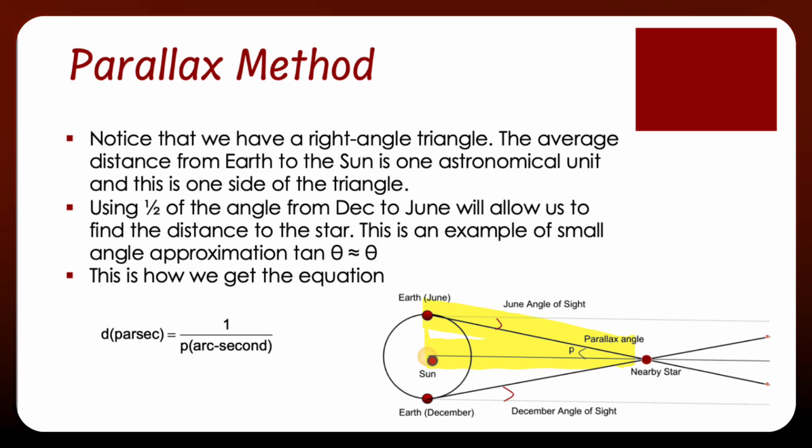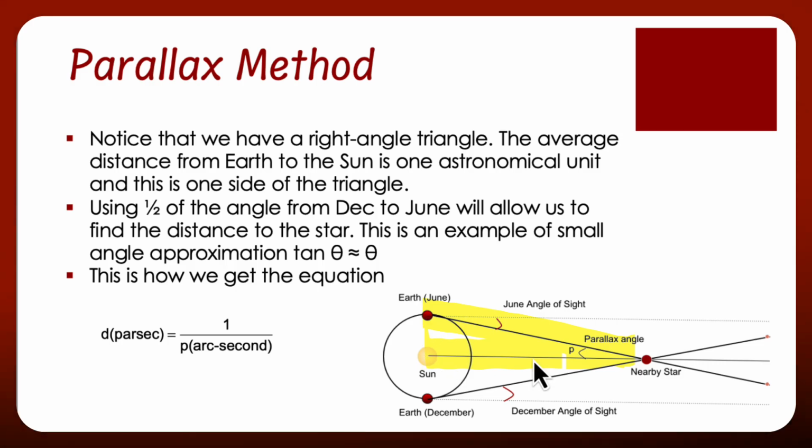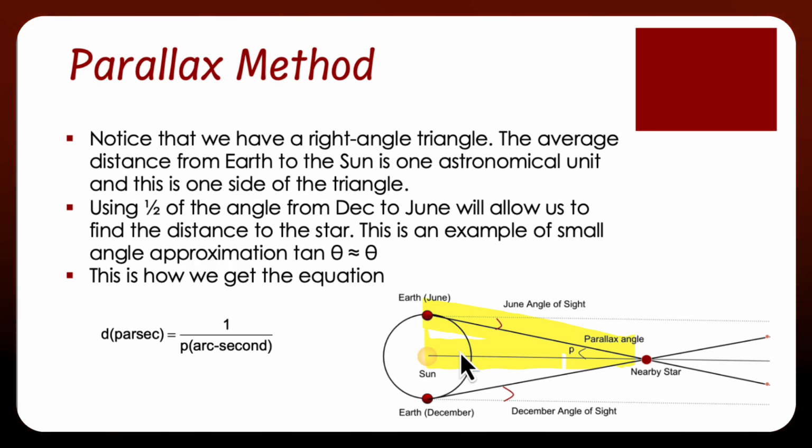And now the distance from the Sun to the nearby star is what we're really looking for. I could be using this entire angle that I've measured and then divide by 2 to get the average for the P parallax. And notice I now have the angle and I have the adjacent side that I'm looking for and the opposite. So that would be tan theta, opposite over adjacent.